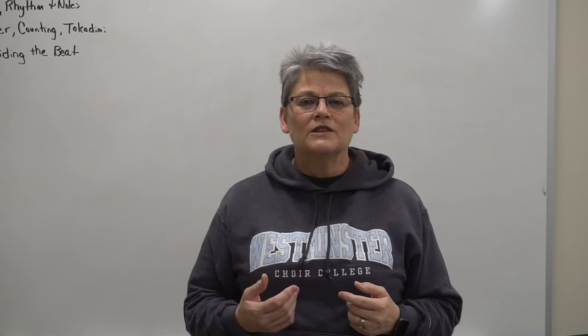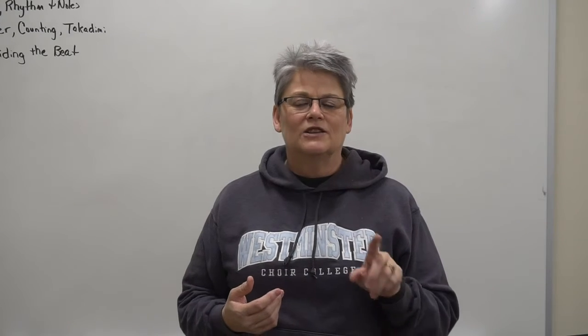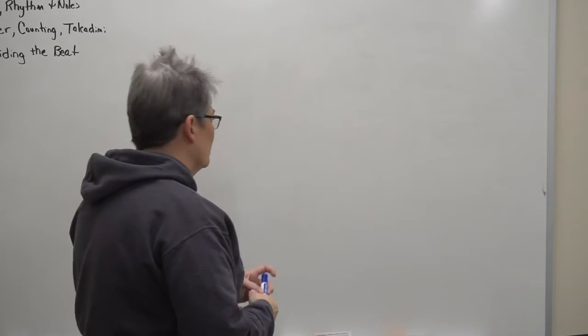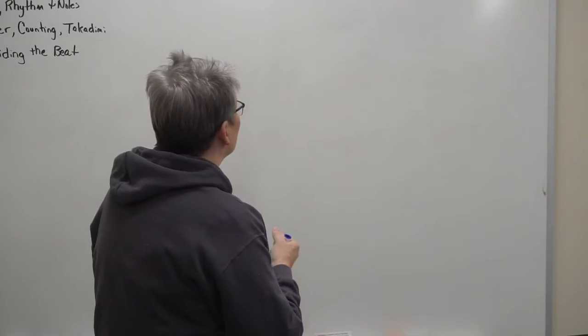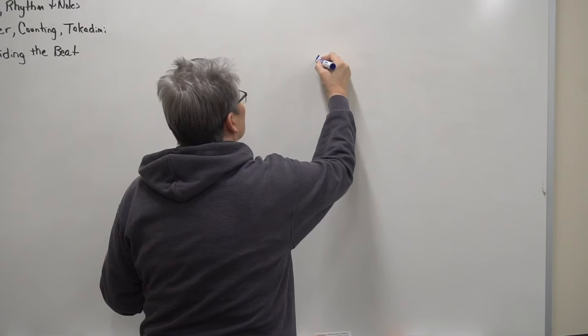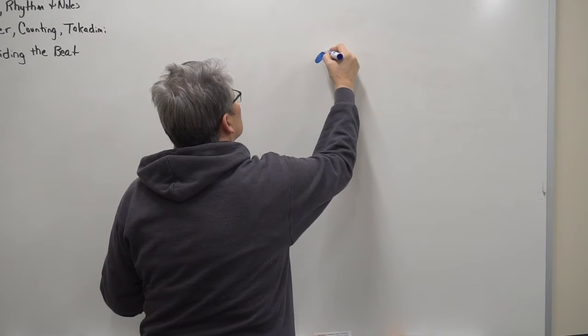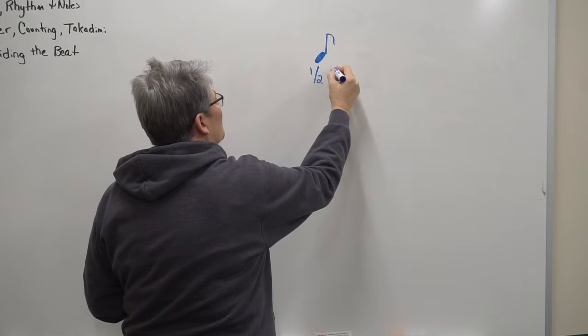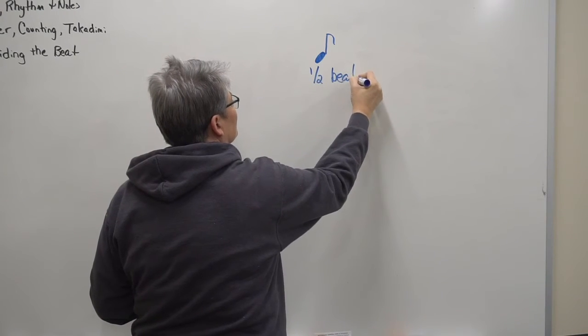You could consider that your quarter note. Now, when we want to divide into a shorter sound, then we need to use an eighth note. I've drawn those for you in a previous tip, but let's do this here. The eighth note by itself receives 1/2 of a beat.